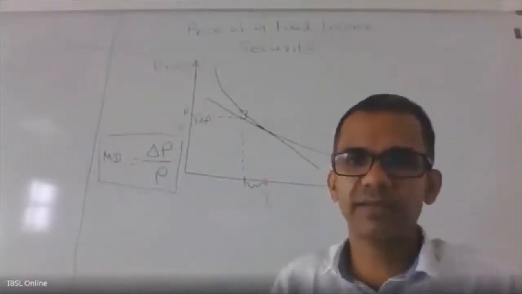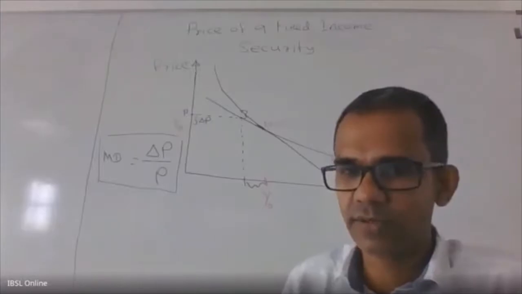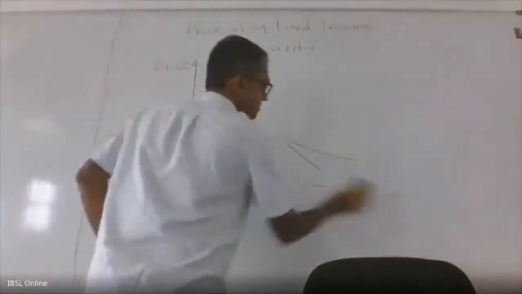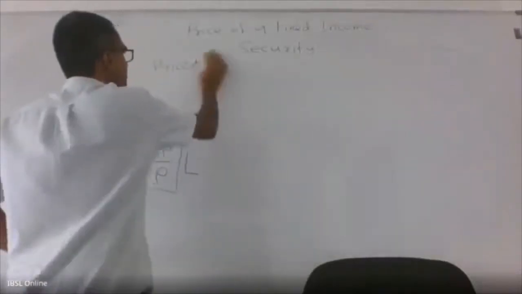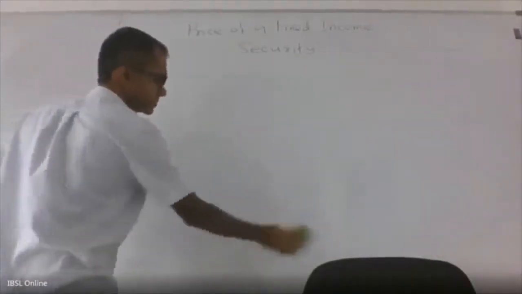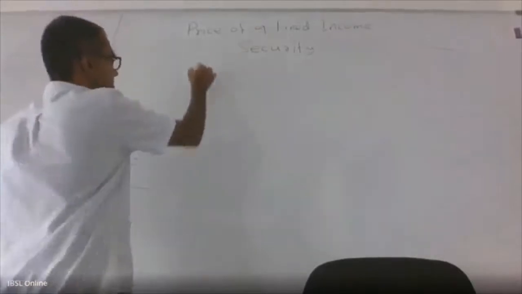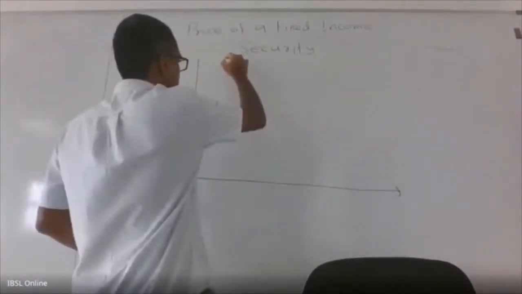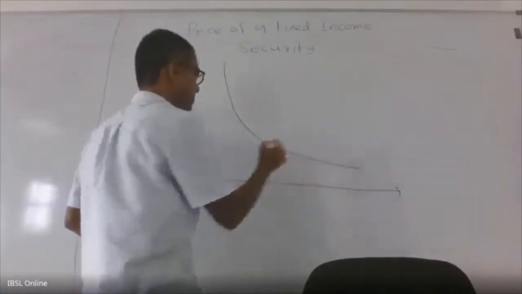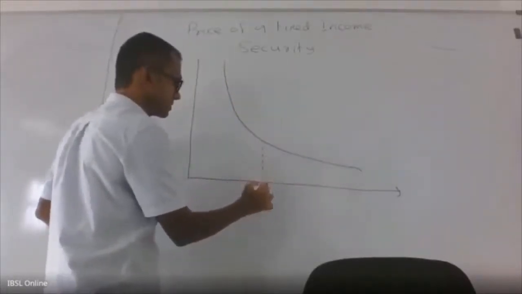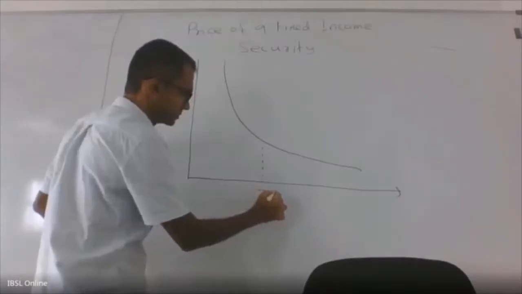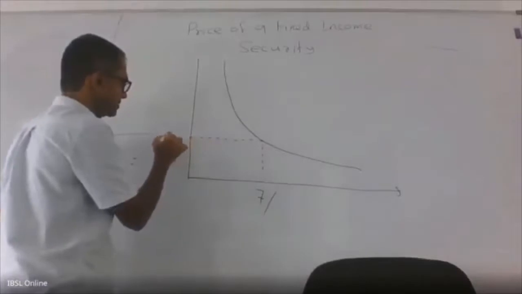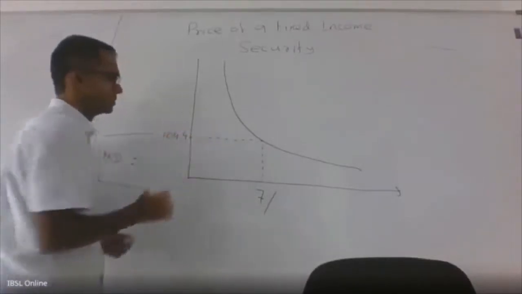I hope you can see the board. Assume this is the point when the yield is 7% and the price is 104.4.